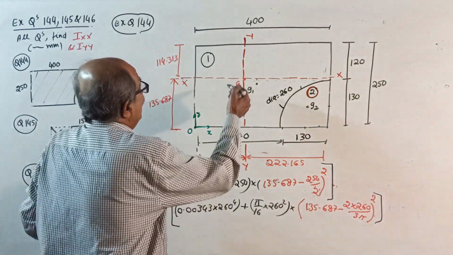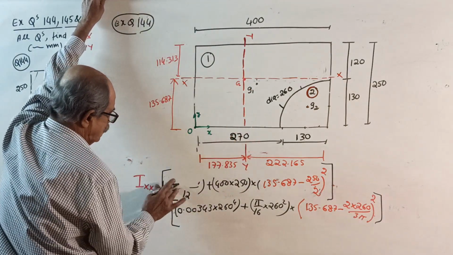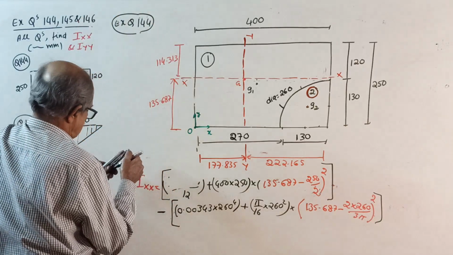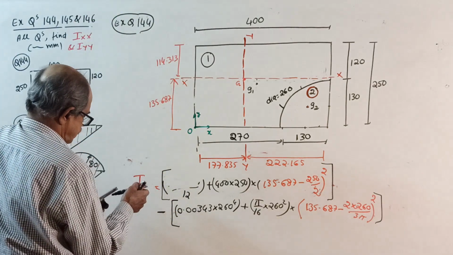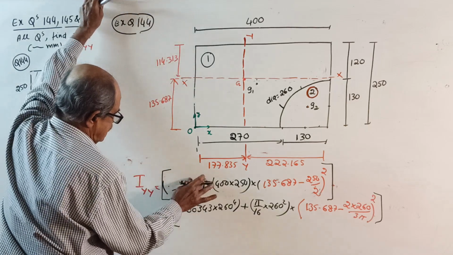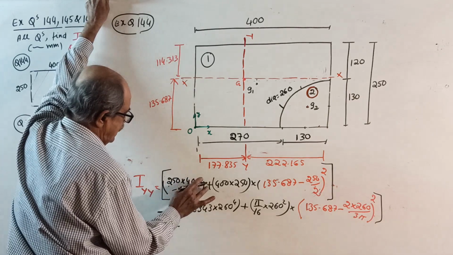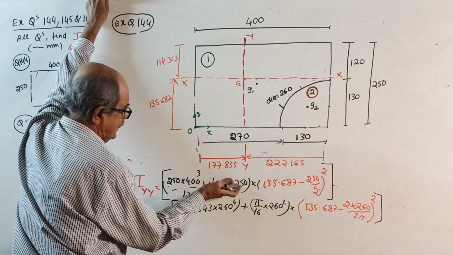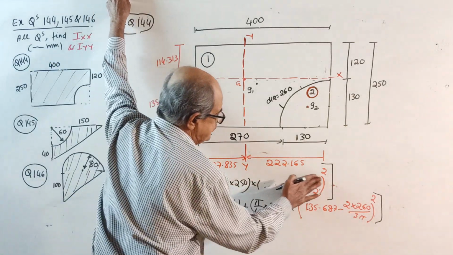Now, I about yy. You should not do it this way; once again, you are right, I about yy. Don't try the shortcut which I am going for. 250 into 400 cube by 12, then area, same, either 400 and 250, into the distance.